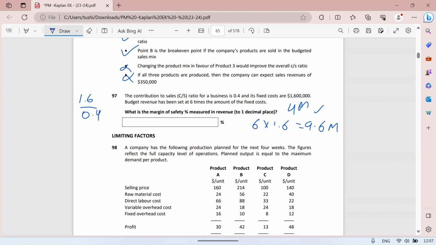So this is 9.6 minus 4, divided by 9.6, multiplied by 100. Please be very careful: you have to give your working to one decimal place. So you will have your answer over here as 58.3%. With this, we have finished this specific topic, CVP analysis.